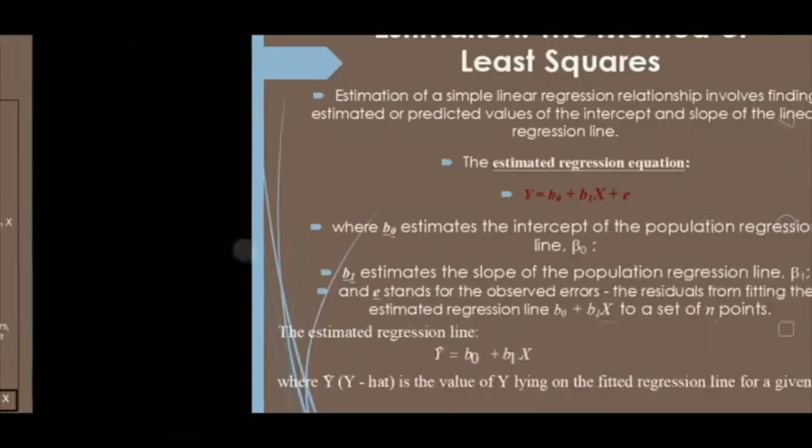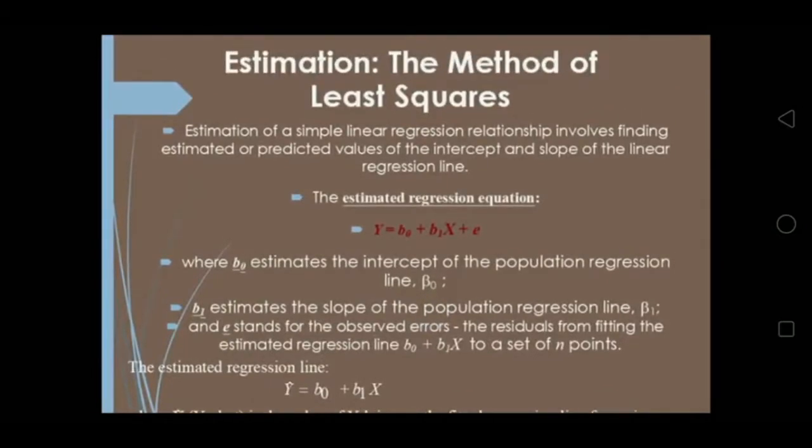Estimation, the method of least squares. Estimation of a simple linear regression relationship involves finding estimates or predicted values of the intercept and slope of the linear regression line.